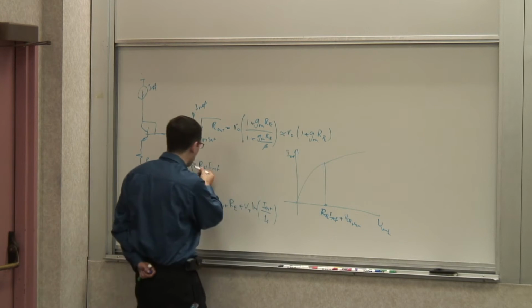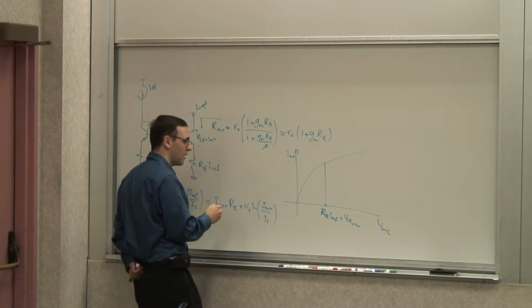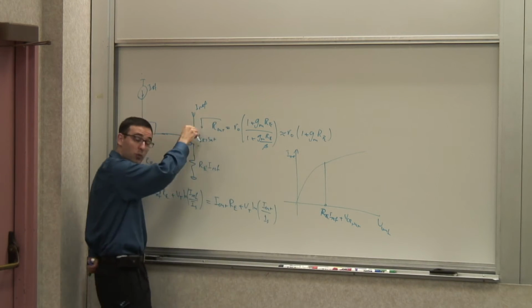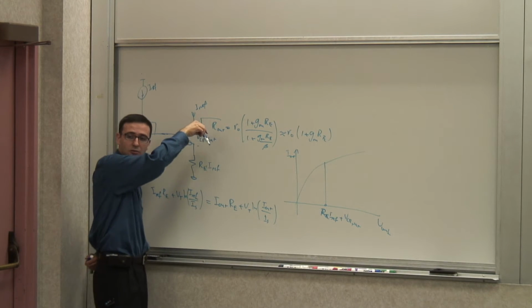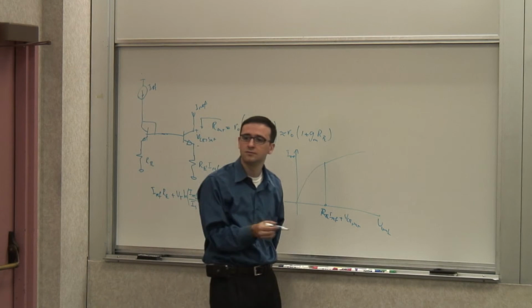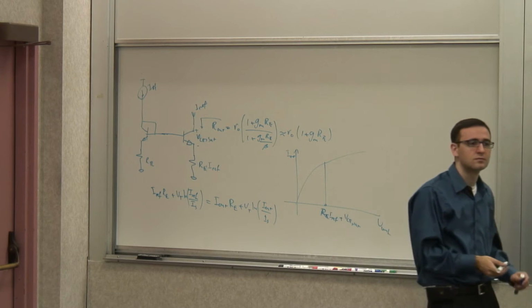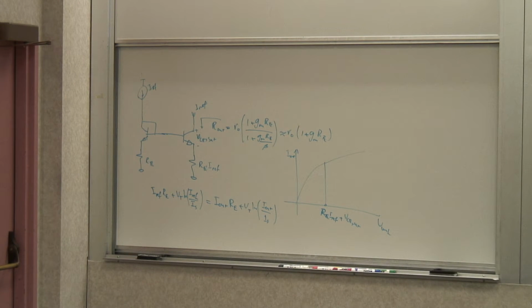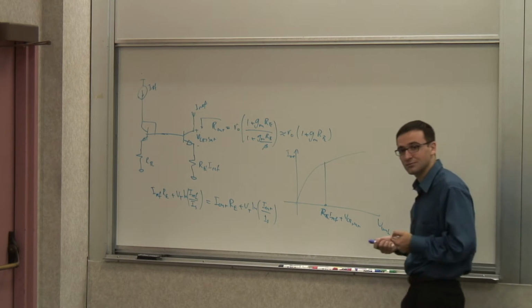So if the voltage drop across this guy is 0.5 volts, now instead of being able to drive this down to 0.2 or 0.1 volt, now I can only drive it down to 0.6 or 0.7 volts. I'm losing on that. And depending on how much voltage headroom I have, this may be a problem. Well, if I'm running off of a plus minus 15 volt supply, it's not a big deal. It's not a whole lot. If I'm running off of a 1.0 volt supply, it's very important.